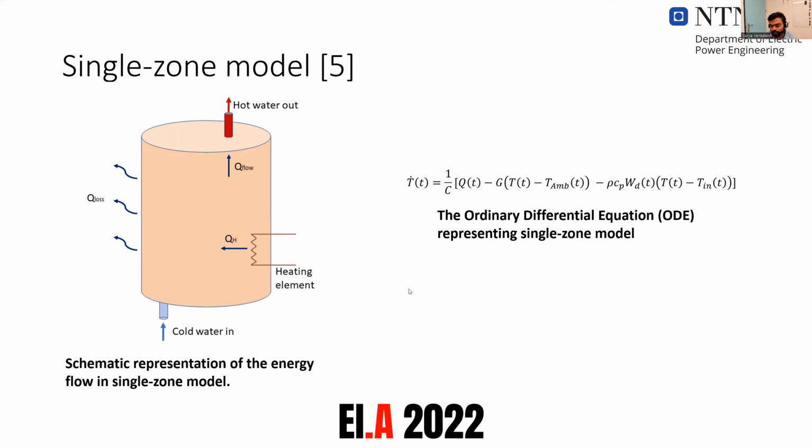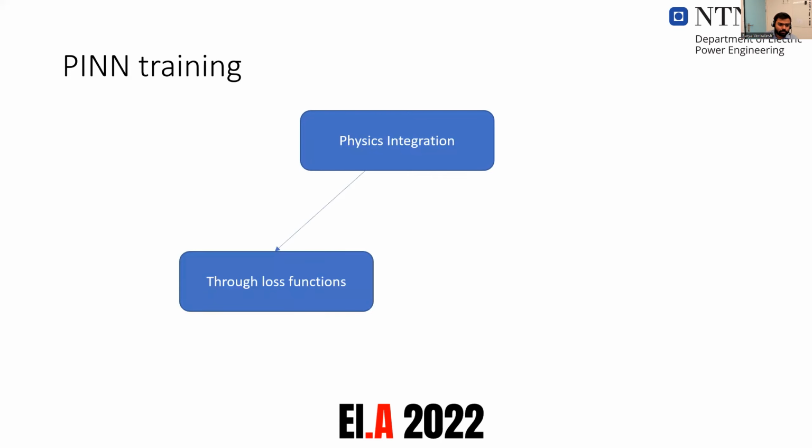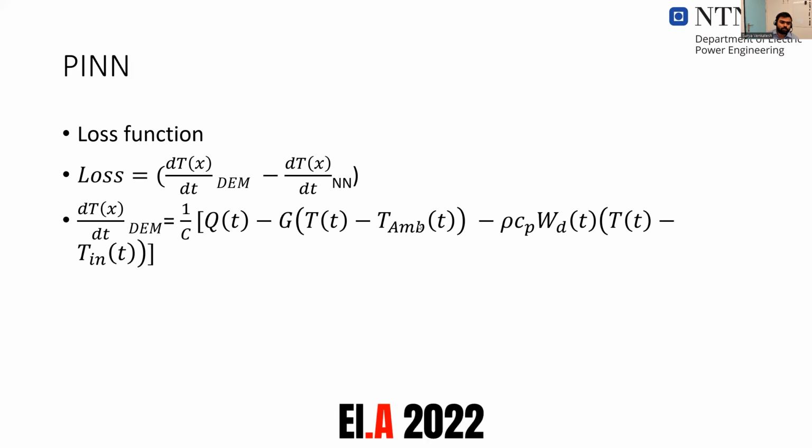So how can we integrate this domain knowledge into the neural network? The physics can be integrated either through loss functions or through architecture. In this work, we used both techniques to integrate the domain knowledge. First, loss function.